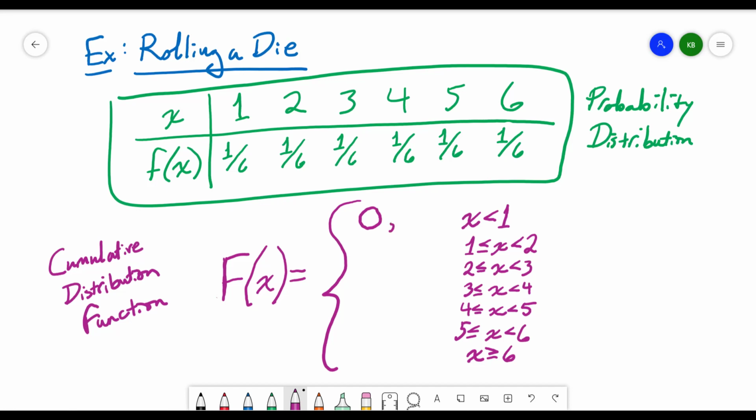Then moving along, the probability that my random variable takes on a value between 1 and 2, with 1 included, well, my random variable can have a value of 1, and that has a probability of 1/6. That's the only way that it's between the two. So I have a value of 1/6 there. Now, the same thing happens between 2 and 3 with 2 included but 3 not.